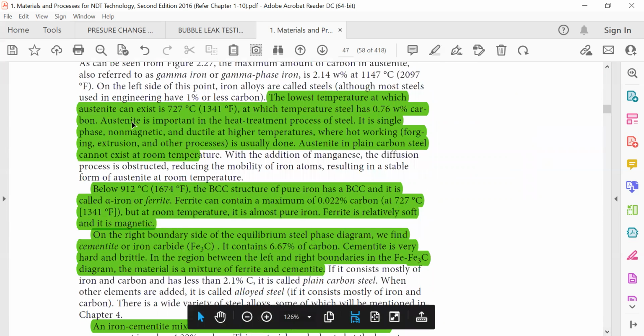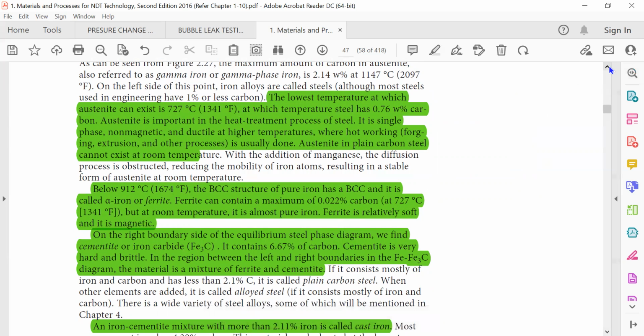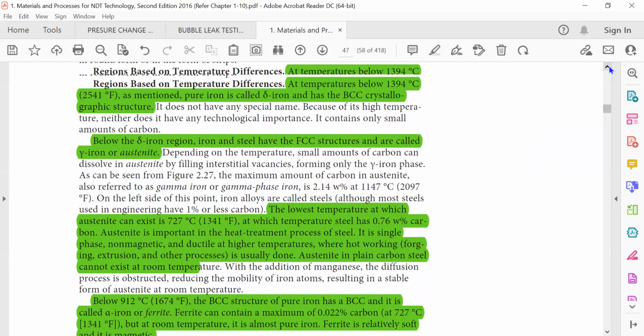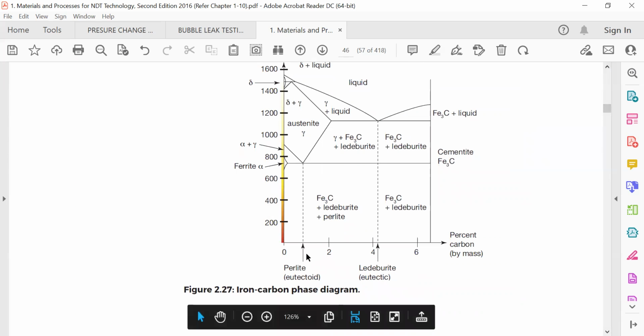The lowest temperature at which austenite can exist is 725, say 727 degrees centigrade. That is eutectoid steel. Here, perlite, eutectoid, only perlite. So here 727.